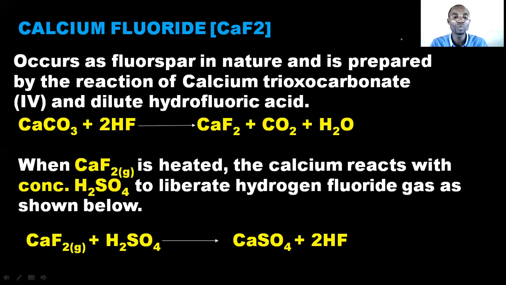When calcium fluoride is heated with concentrated H2SO4, it liberates hydrogen fluoride gas, as shown in the diagram below. So with that, we can see how calcium fluoride, CaF2, is prepared through calcium carbonate.